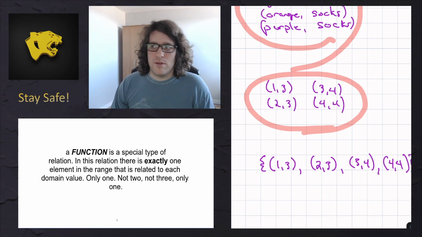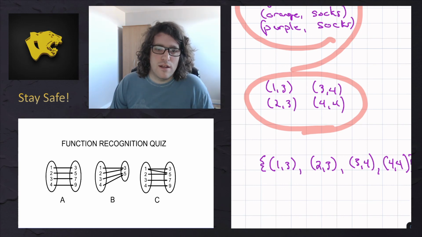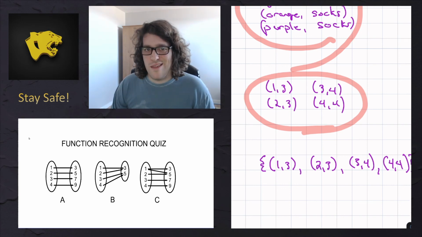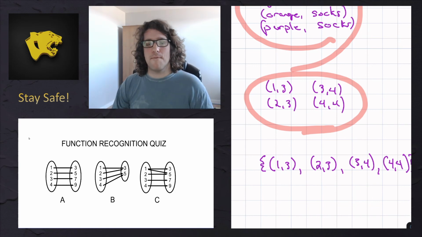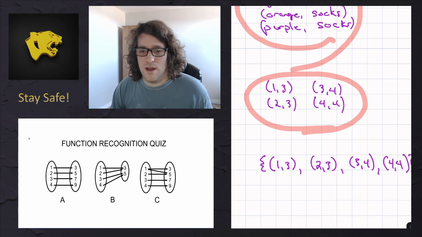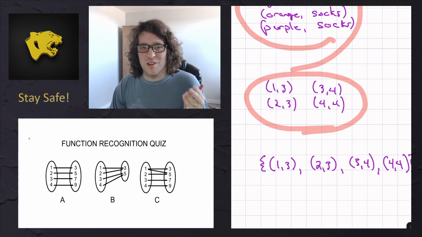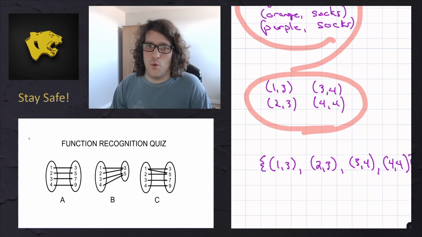So probably the best way to go about identifying functions is to see if we can apply that definition to a function recognition quiz. Again, each element in the domain is related to exactly one element in the range.